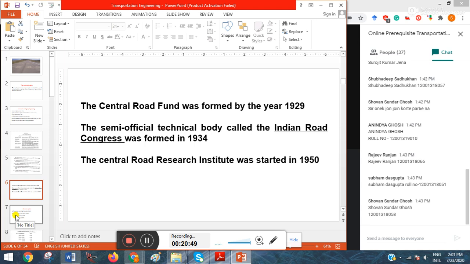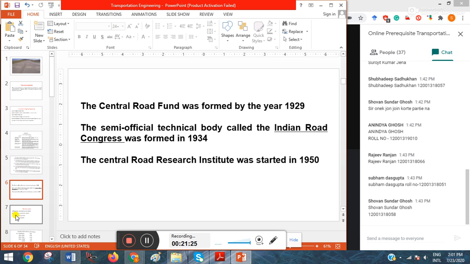What is the Central Road Fund? Before going into the Central Road Fund, IRC or CRRI, most of the recommendations of the Jayakar Committee were accepted by the government, and the major items were implemented subsequently. The Central Road Fund was formed in 1929, IRC in 1934 and CRRI in 1950.